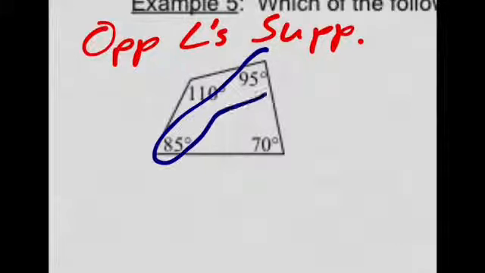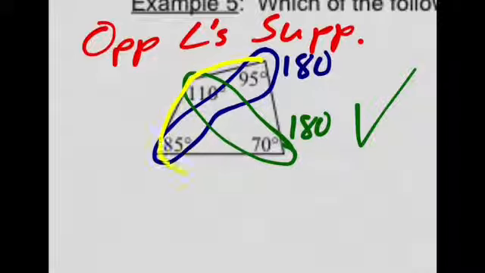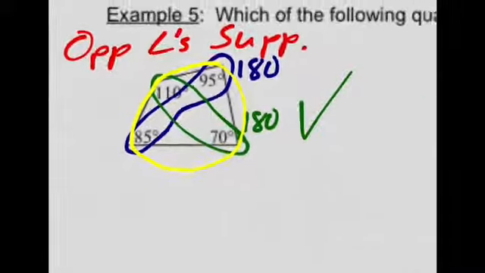What is 85 plus 95? 180. And what is 110 plus 70? 180. So can this be inscribed in a circle? Check. And just for fun, I'm going to try to inscribe this in a circle. Beautiful circle. Don't judge my circle. Don't.